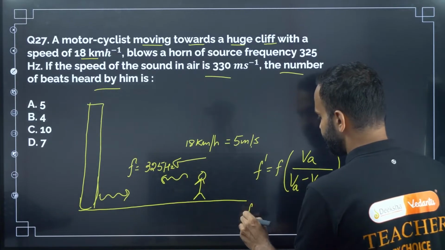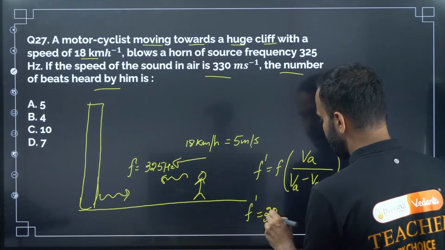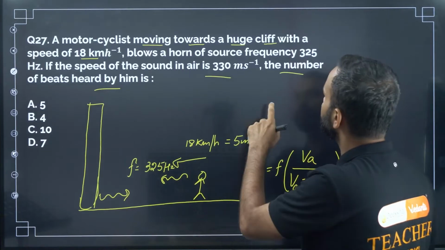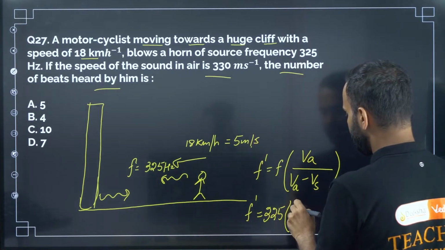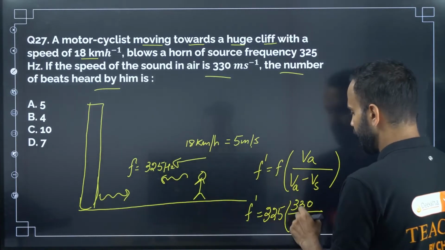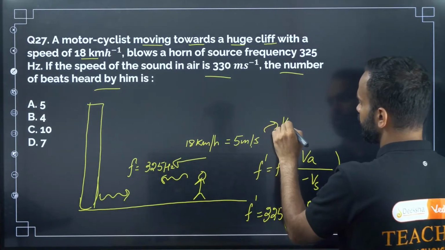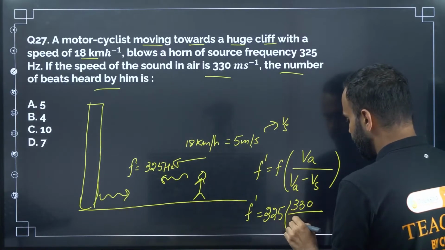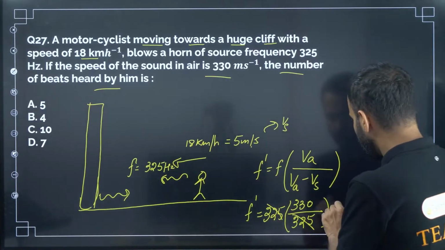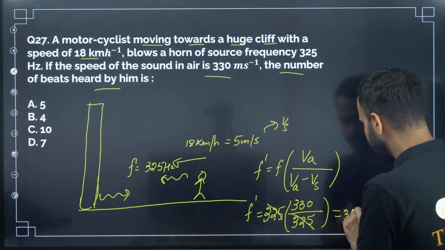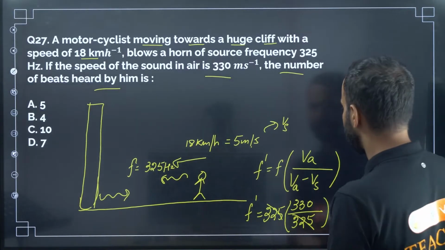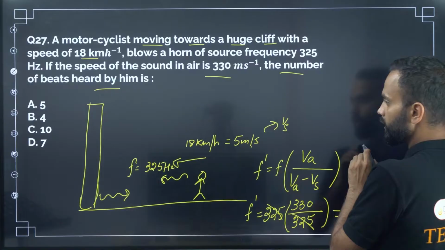Now f dash is equal to 325 into 330 divided by 330 minus 5. VA minus VS is 325, so 325 will get cancelled. The apparent frequency heard by this person is 330 hertz.